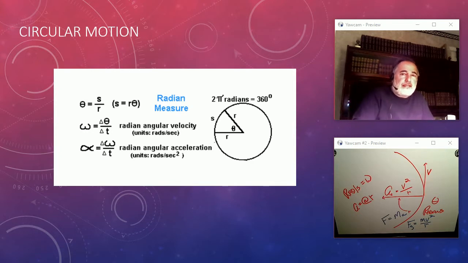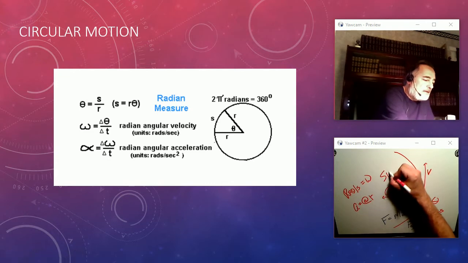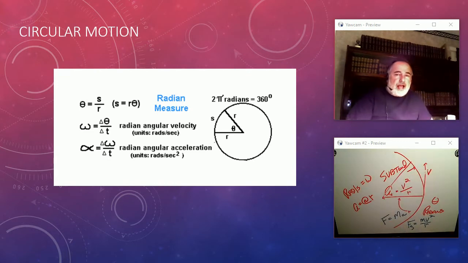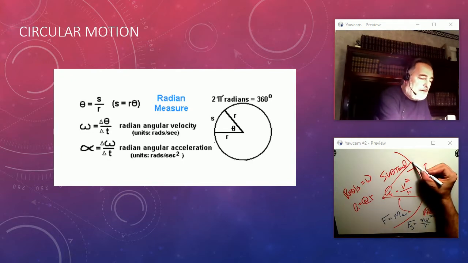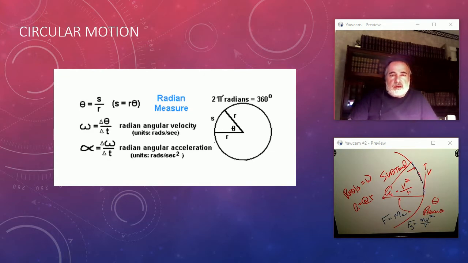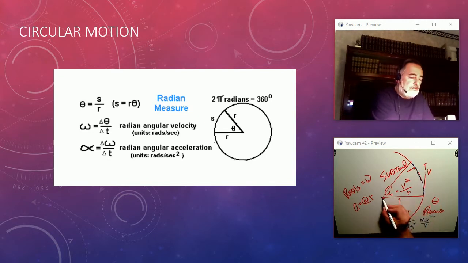I can get the length of this subtend, this line here, by taking the radians, and there's 2 pi radians for every 360 degrees, and multiplying it by the radius from the center of the circle out.